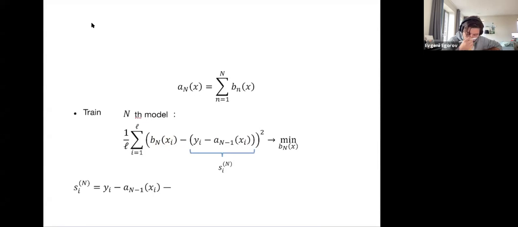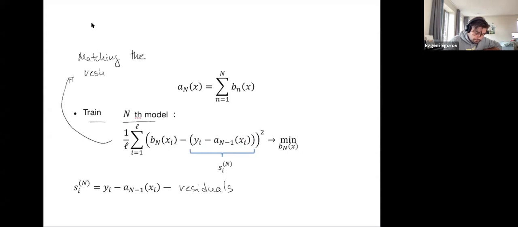Yeah, and then we could formalize it a bit and say that we could call this guy residuals. And then this problem of training the new model, we could say that this is a problem of matching the residuals, or errors of the ensemble.